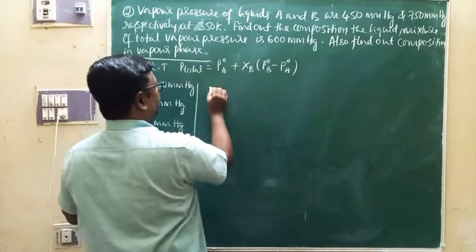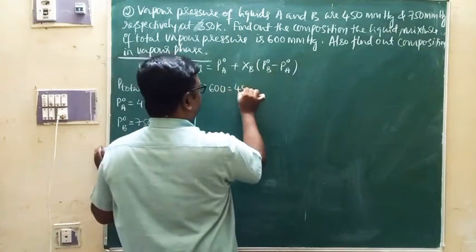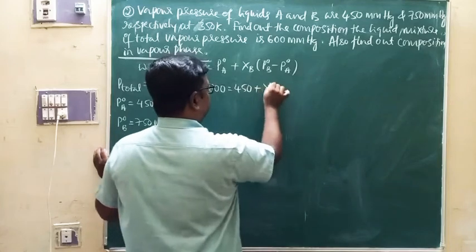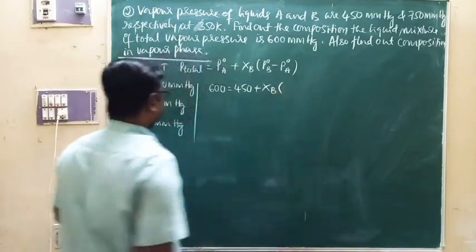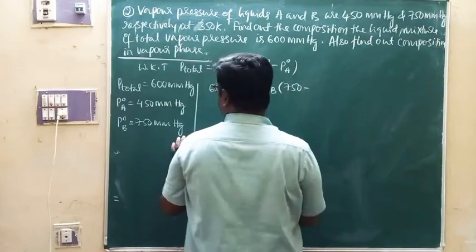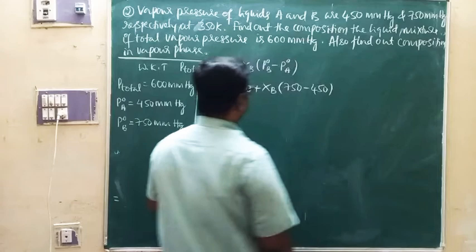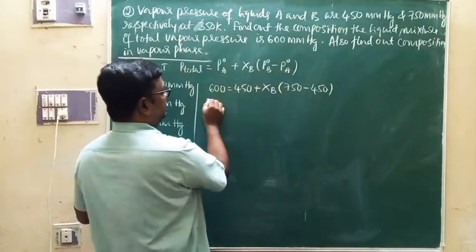That is, P total is 600, equal to P naught A, 450, plus XB into (P naught B, 750, minus P naught A, 450).